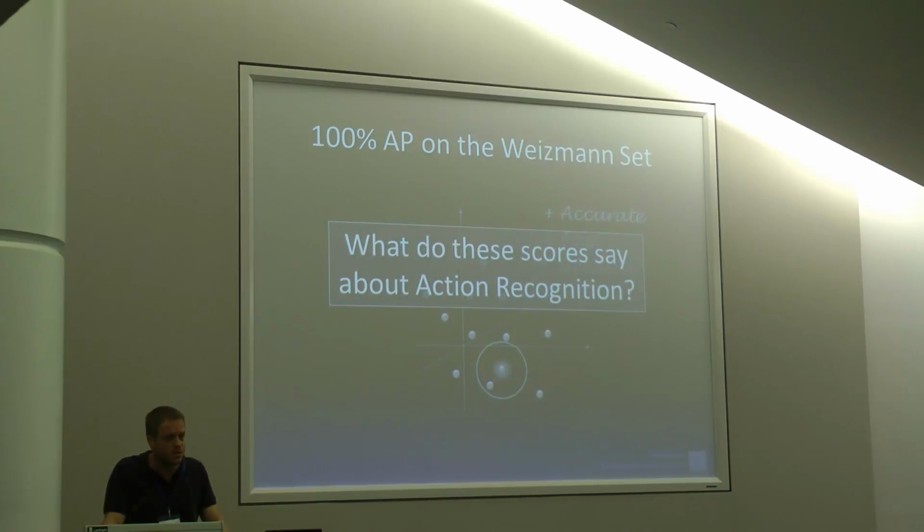So, to answer the question from before, what do these high scores say about action recognition in videos? Just by looking at the fact that he got a 100% average precision, I can't say very much about the capabilities of the method that he developed as something for solving action recognition.